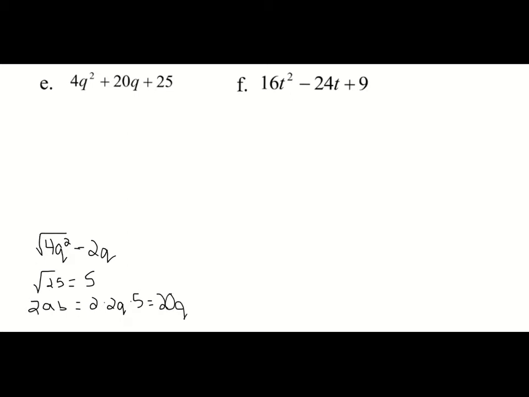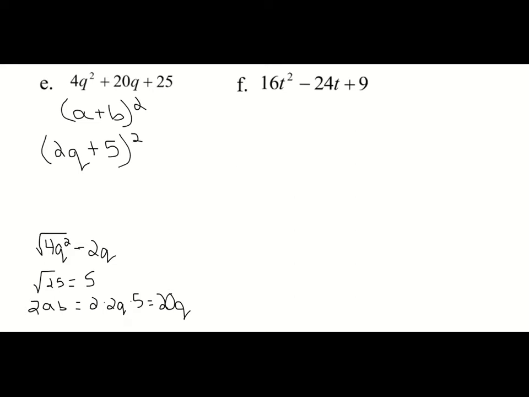So I have a perfect square trinomial here with two plus signs, so I don't need to do the box method. I can just factor it. Remember, if it's a perfect square trinomial with two plus signs, it factors to a plus b squared. So I'm going to factor this. My a is 2q. My b is 5. So I have 2q plus 5 squared.